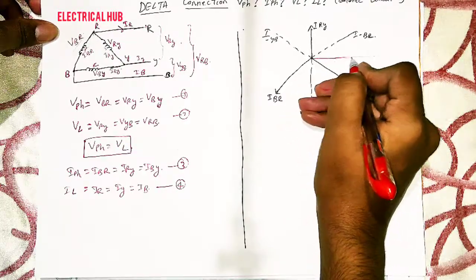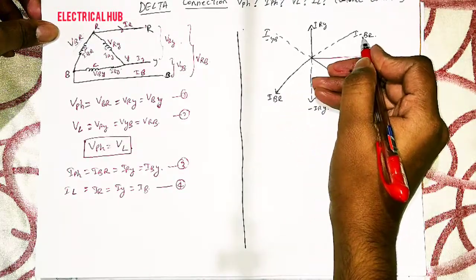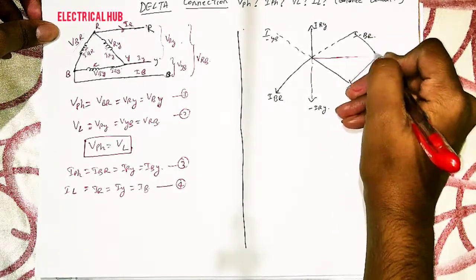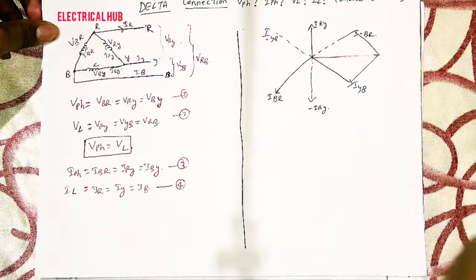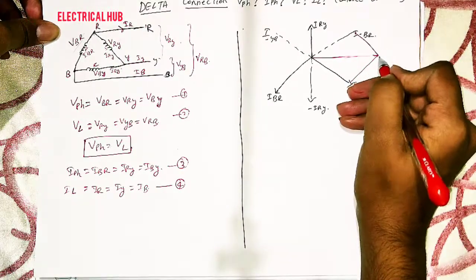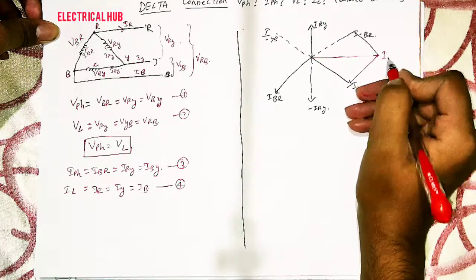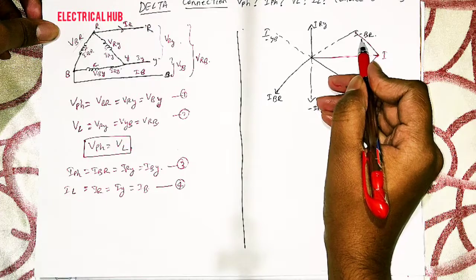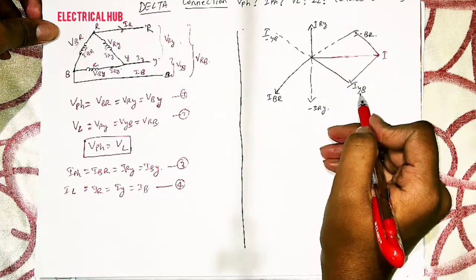This is the resultant value of minus IBR and IYB, and just connect it, and this one we can call IB. What is common between minus IBR and IYB?